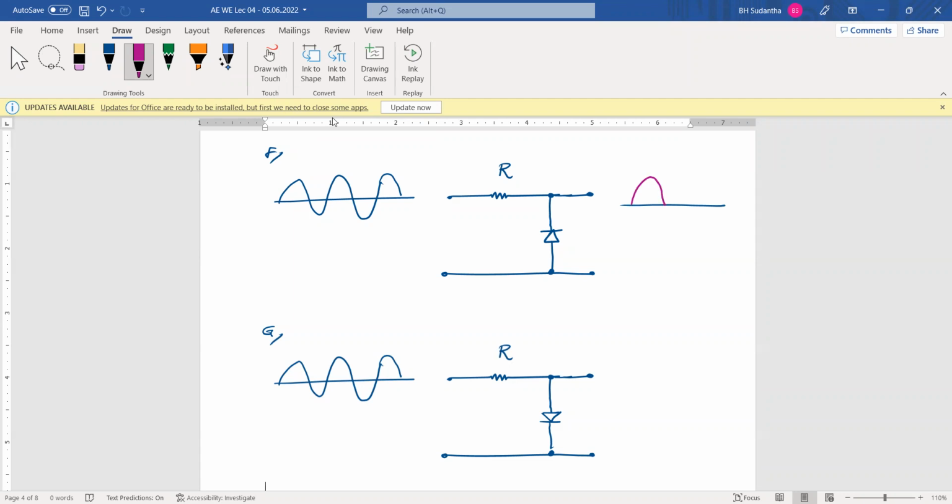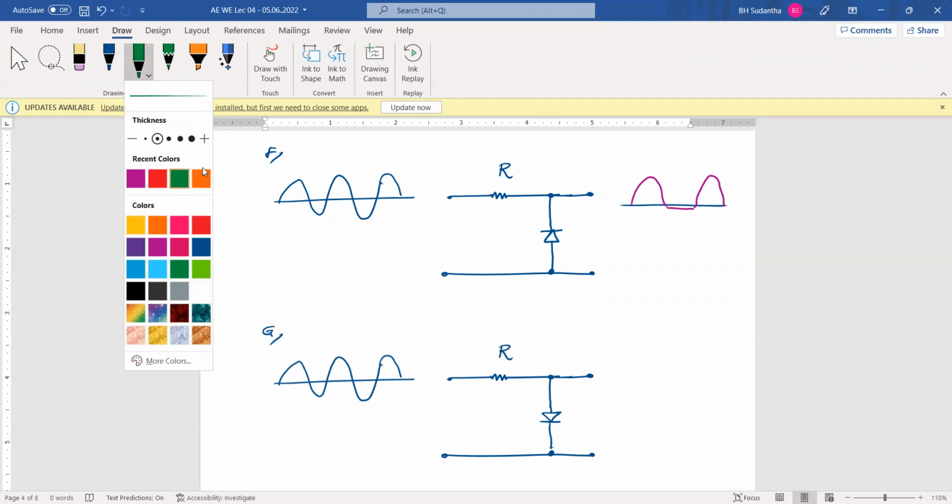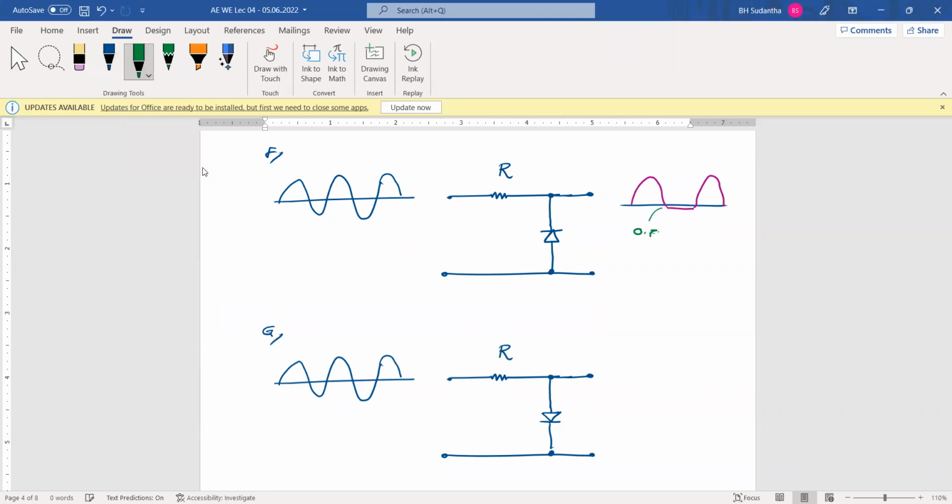But when the negative half cycle is applied, the diode is forward biased, then this 0.7 volts part will be there. Then after that, this will come. And here we have this 0.7 volts gap.